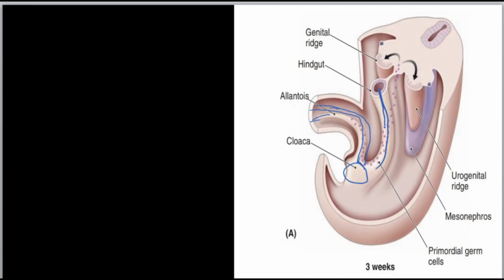This hind gut connects with the dorsal mesentery. This region is known as the mesonephric region. There is the mesonephric ridge, and medial to the mesonephric ridge there is development of the genital ridge. This is an important structure to know.